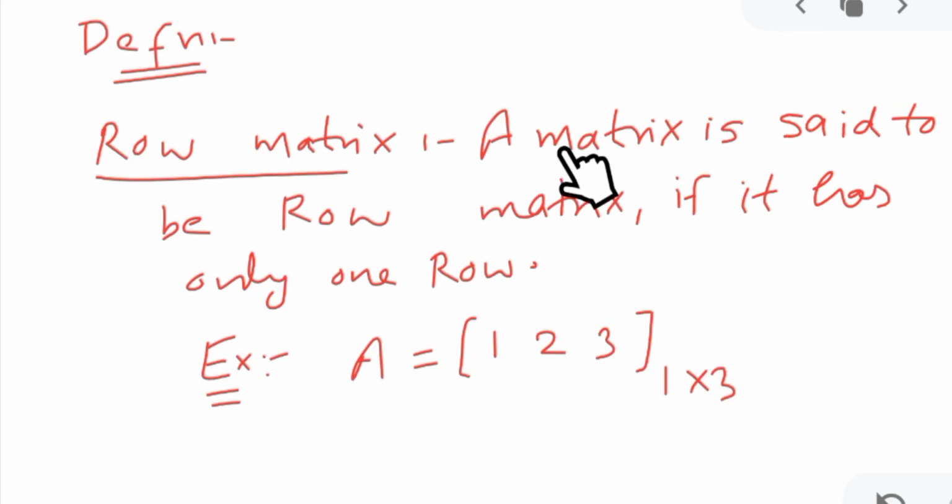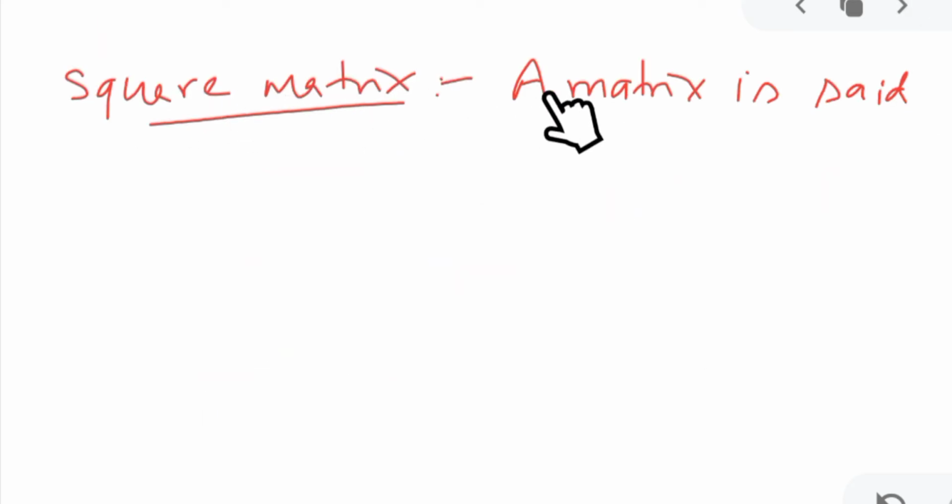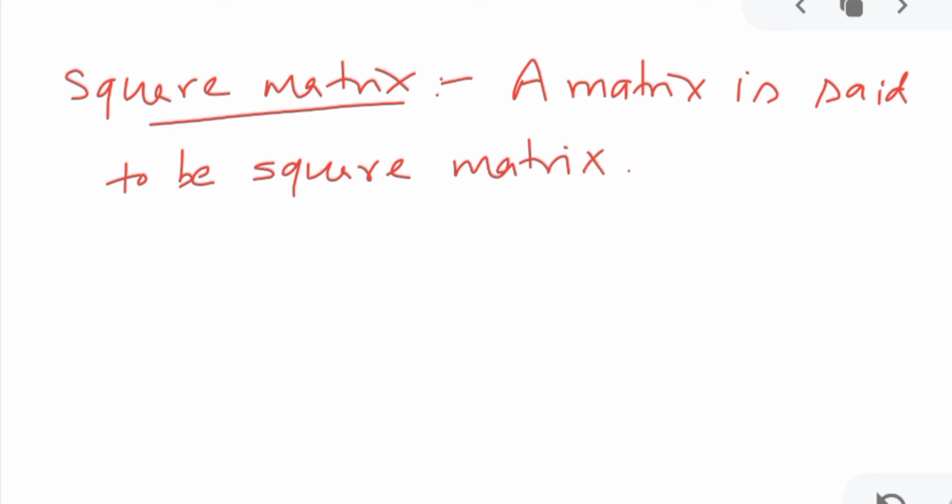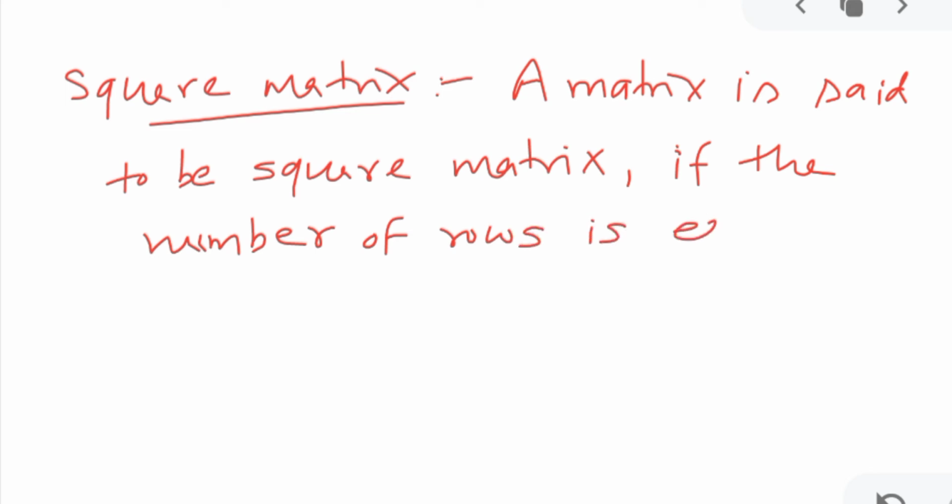A matrix is said to be a square matrix if, now I am putting the condition for when it will be called a square matrix, the number of rows is equal to the number of columns.